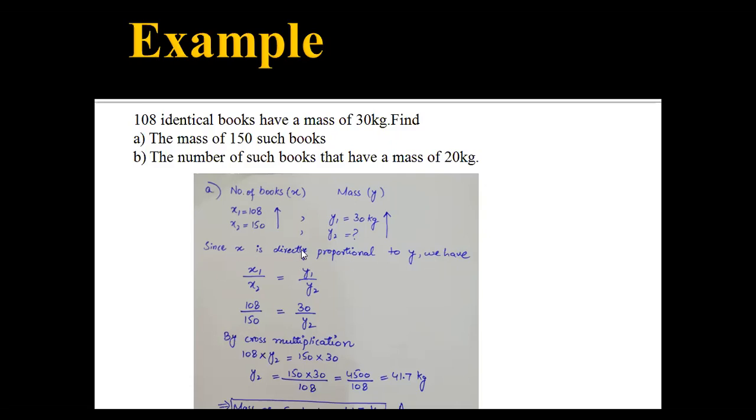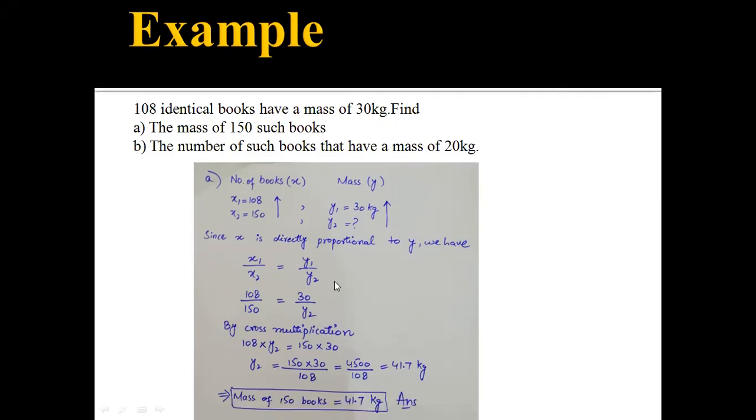Since x is directly proportional to y, the equation connecting them is x1 by x2 is equal to y1 by y2. So we are going to put the values of x1, y1, x2, y2 over here. x1 is equal to 108, x2 is 150, and y1 is 30.